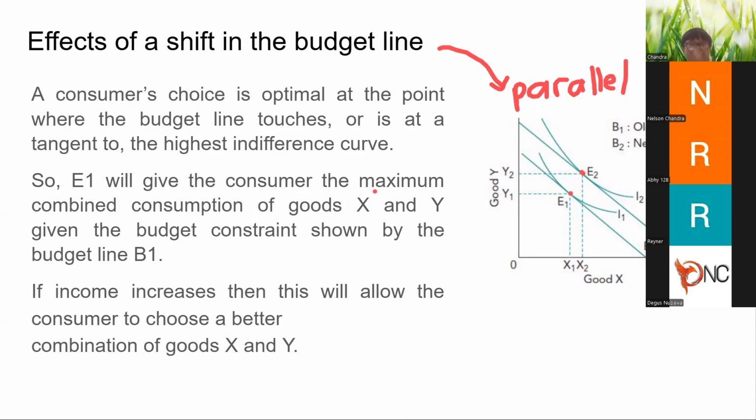What happens in this diagram is a parallel shift to the right, from BL1 to BL2. So it becomes very simple. Therefore, there would be more of both goods X and goods Y purchased. A greater combination of goods X and Y will be purchased. Very simple example.